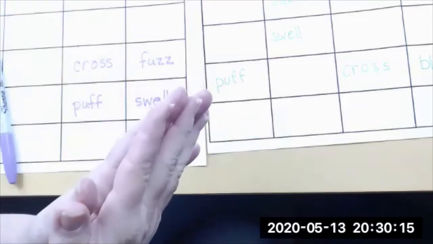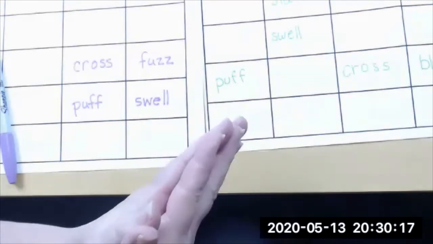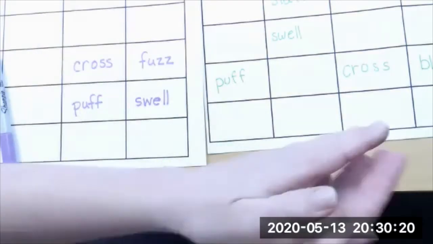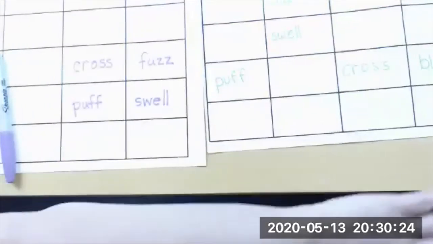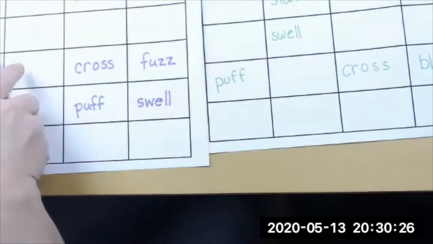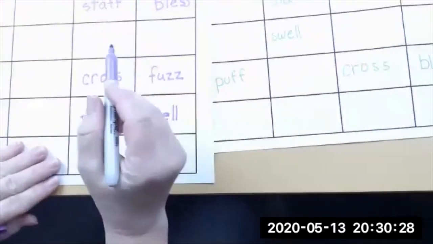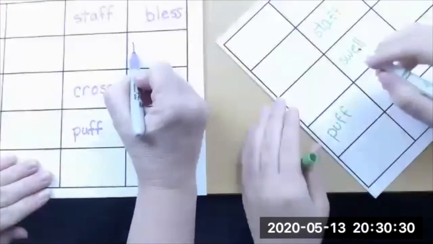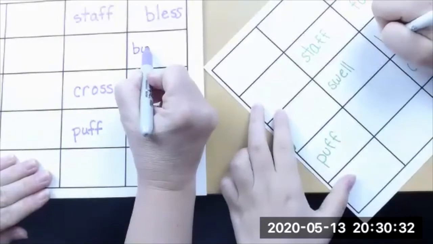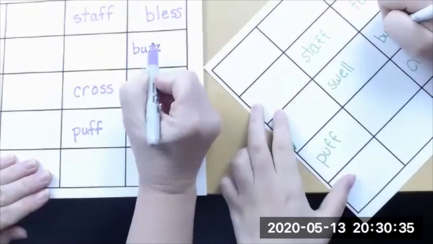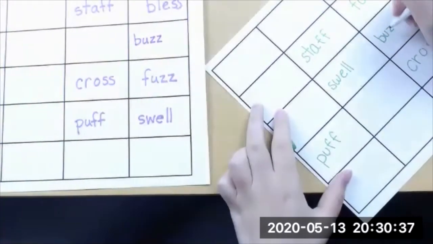Buzz cut. And the first syllable is buzz. We're going to put that on our arm. Buzz. Let's write that on our page. Can you write that? I'd like to hear your voice when you do it.